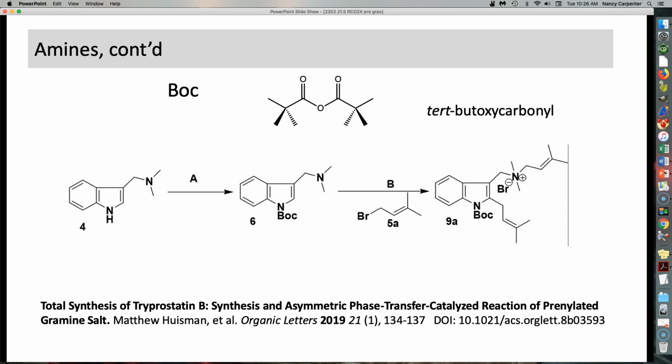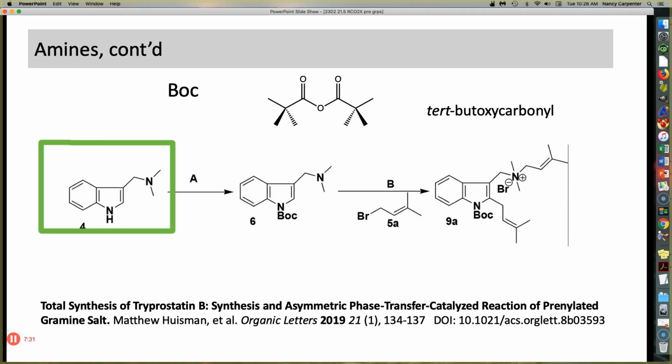So this is from the recent literature. Basically, these researchers are looking to make something that has good anti-cancer promise, and to do that they started with this guy, which they want to, if you look over here, look at their target over here, you can see they want to do nucleophilic substitution on the nitrogen on the right.